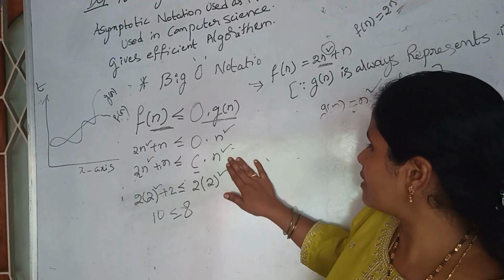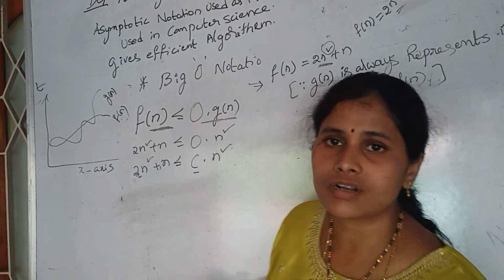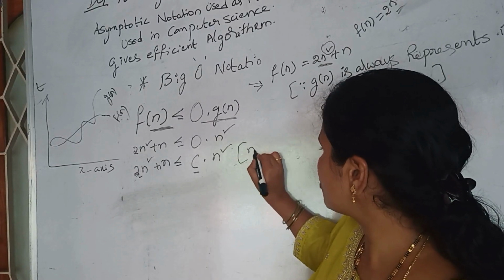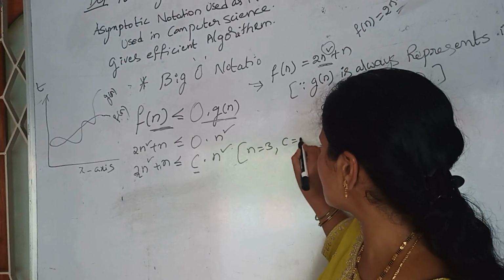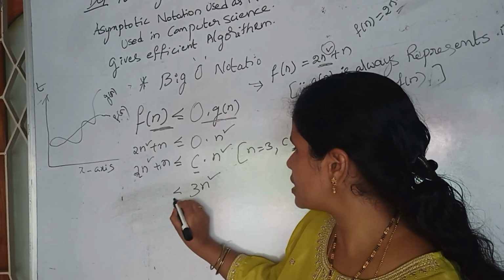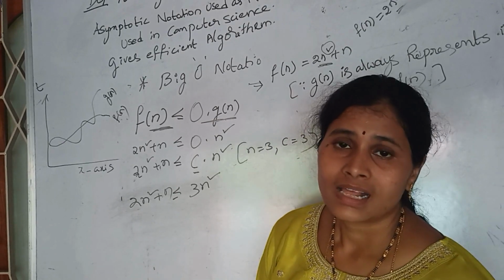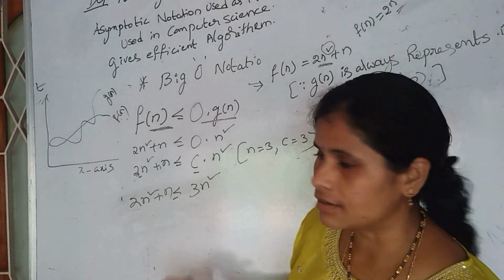So let me take another value: n equal to 3 and C equal to 3. So 3n square less than or equal to 2n square plus n. Let me substitute the value of n.